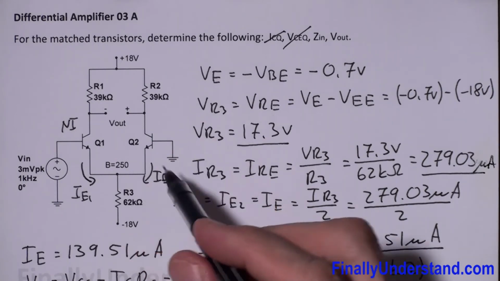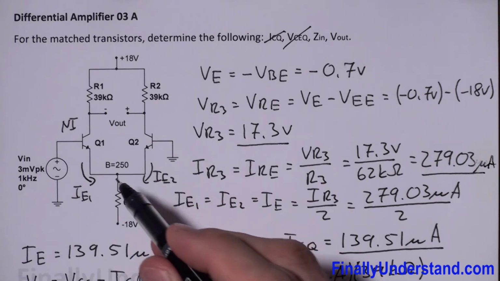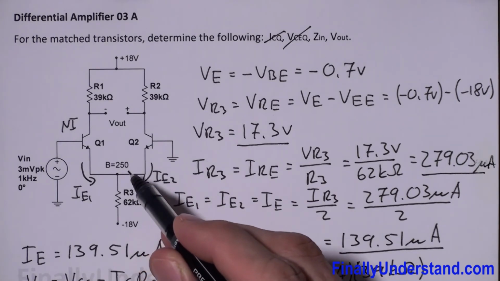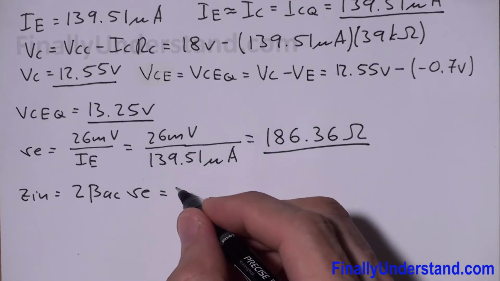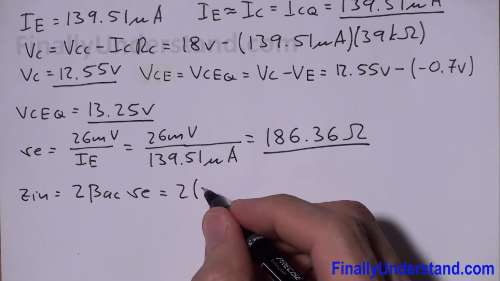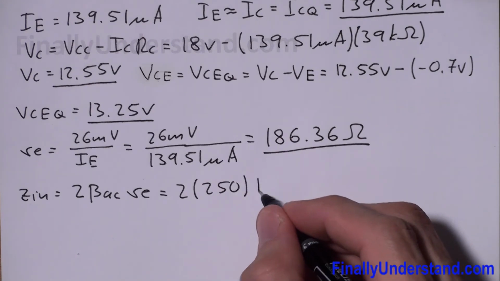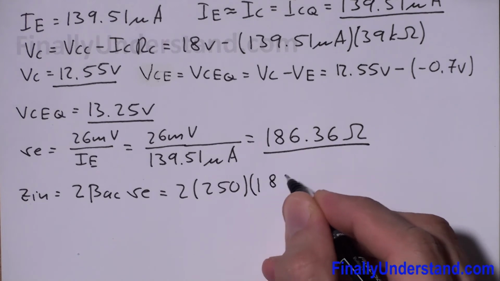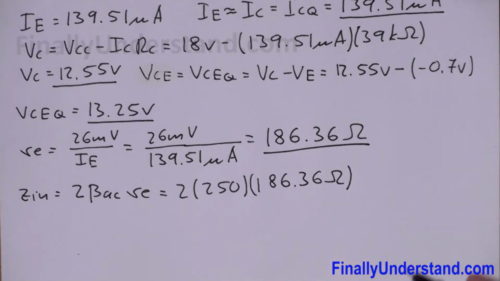If it's not specified whether this is DC or AC, I assume that beta DC is equal to beta AC, and this is equal to 250. That's why I'm going to write that this is 2 times 250 times small re, 186.36 ohms.